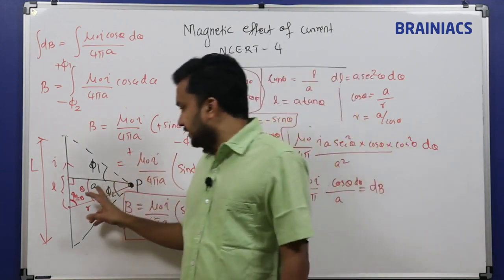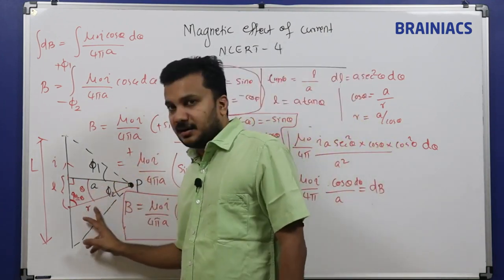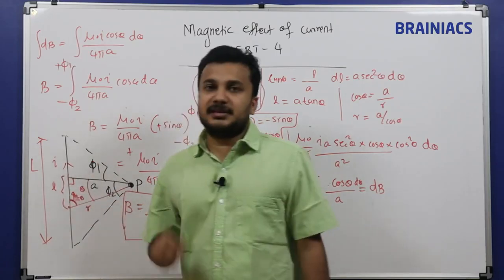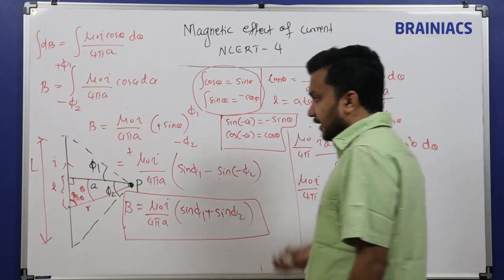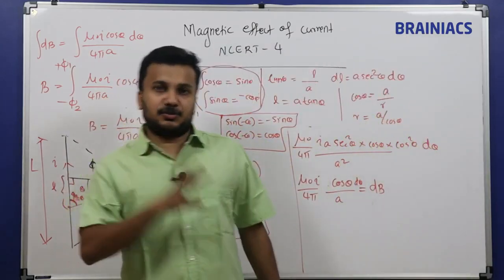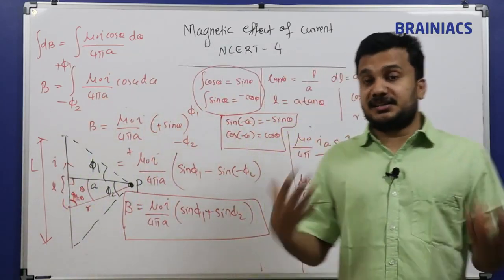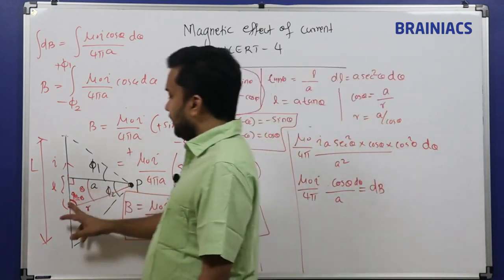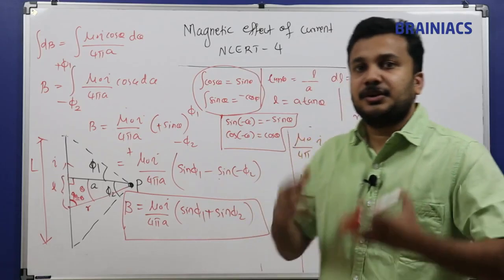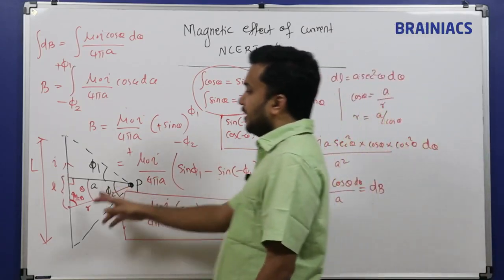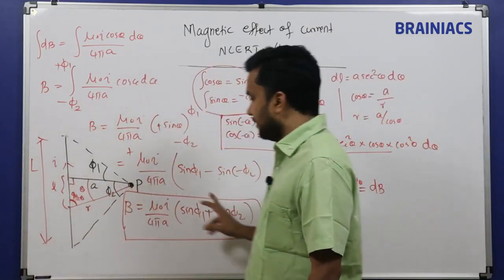But theta, small r, small l, all these things I have assumed in order to apply Biot-Savart's law. These are assumptions only, extra things we introduced to get the final formula, so these parameters should not be there in the final equation.